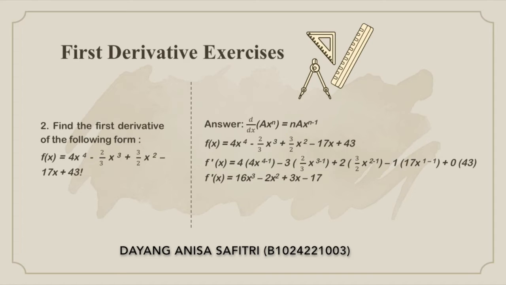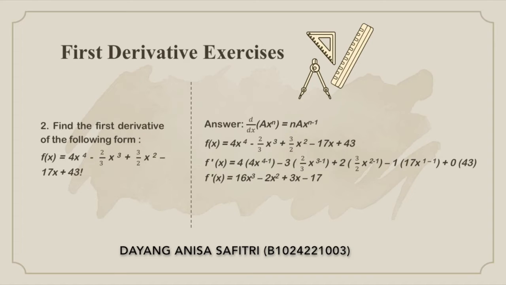So f of x equals 4x to the 4 minus 2/3 x to the 3 plus 3/2 x to the 2 minus 17x plus 43.